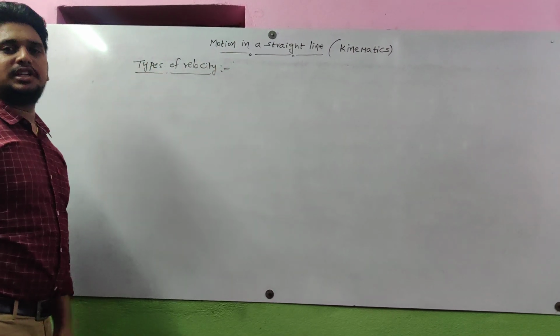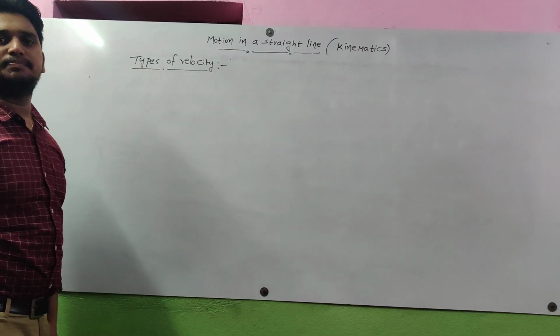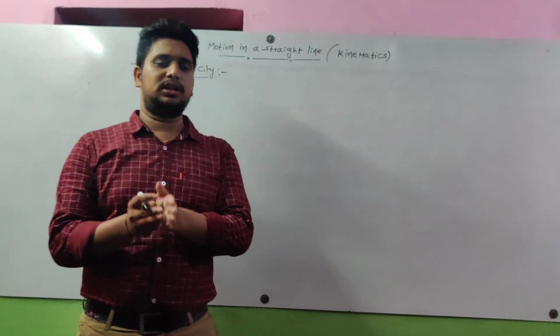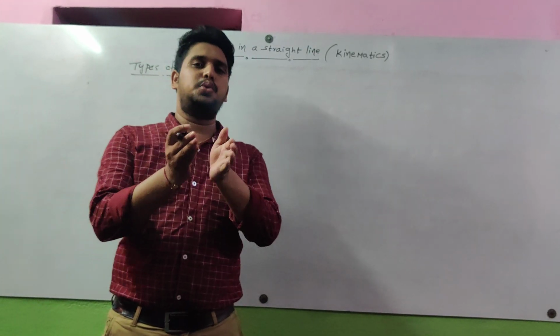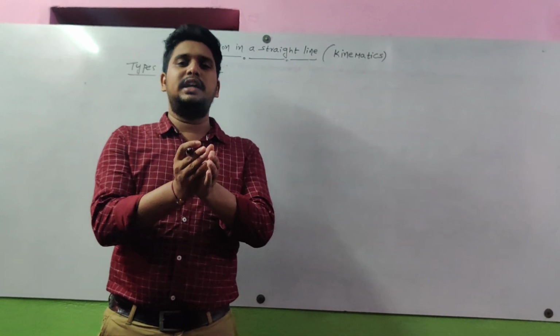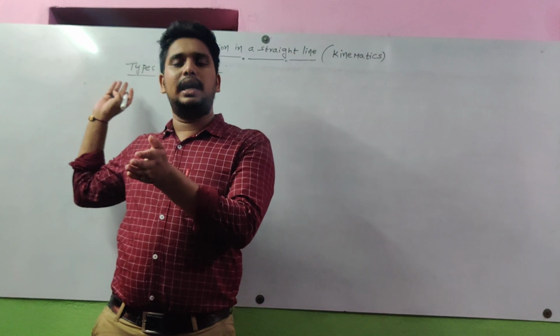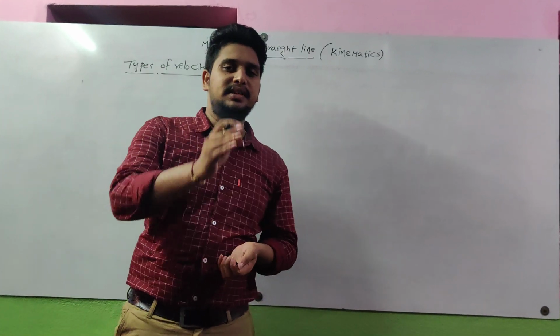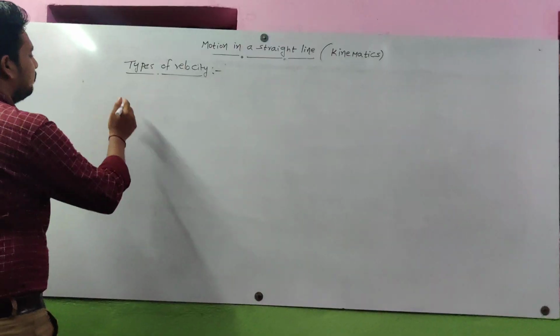In this lecture I discuss types of velocity. If you know the types of speed, it is easy to learn types of velocity, so please go through the previous lecture. Now, types of velocity.